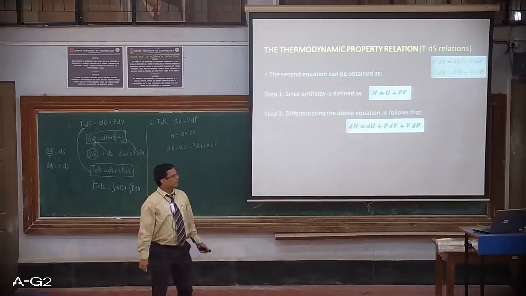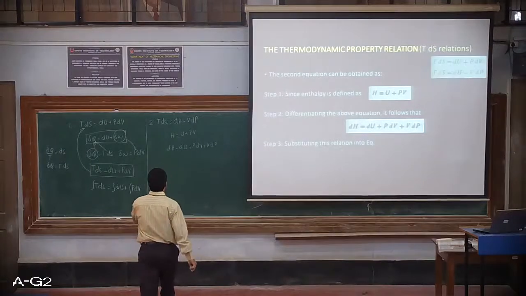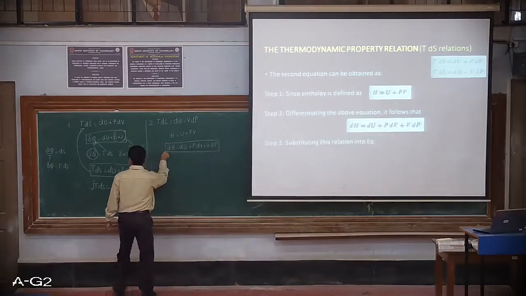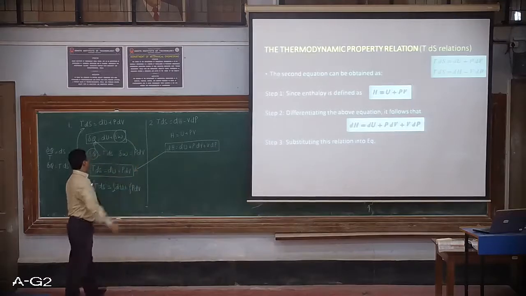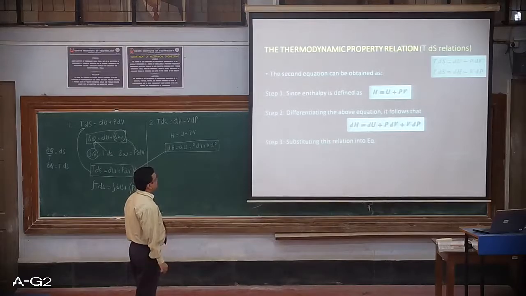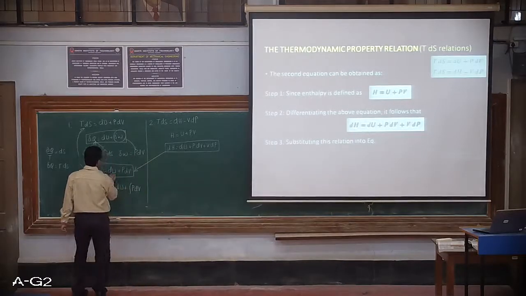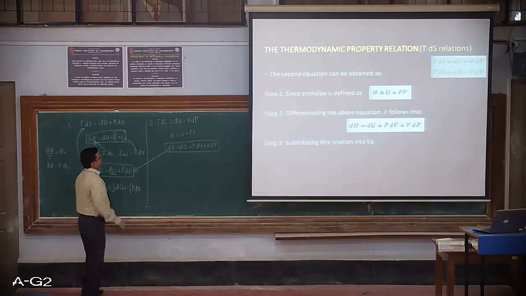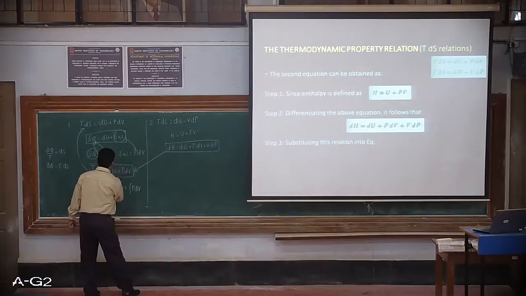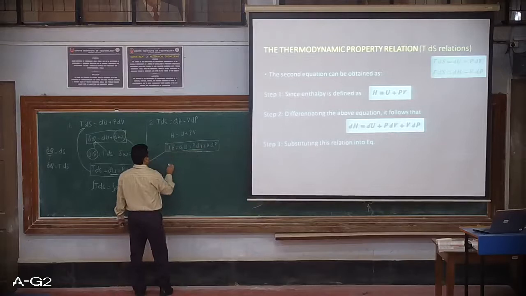Simple. Now substituting this relation into the expression TdS equal to dU plus PdV. What is common in the two terms is dU. So whatever is considered together, dU plus PdV, we transfer on one side.